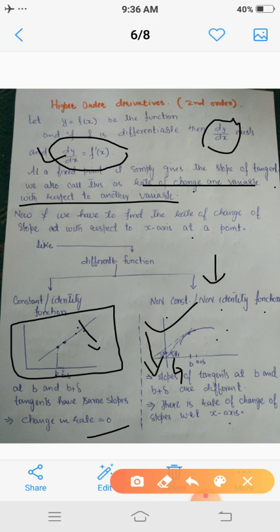Here at two different points we have two different tangents with two different slopes, which implies that when we have two different quantities, there is a rate of change. This rate of change is simply given by the second order derivative.